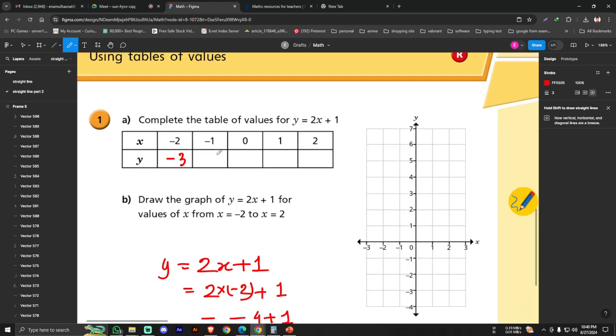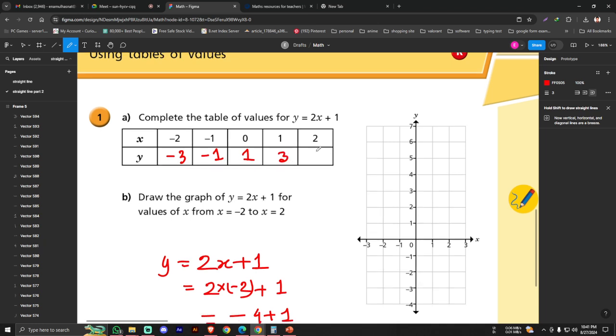Then the next one, negative 1 times 2 equals negative 2, that'd be negative 1. Okay, next one, 1. Okay, next one, 3. Okay, next one, 5.